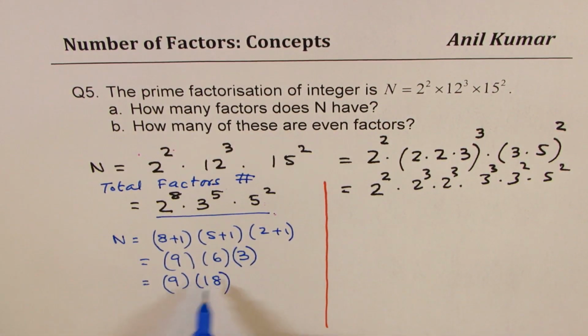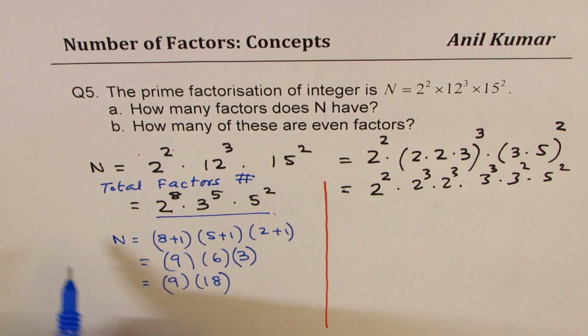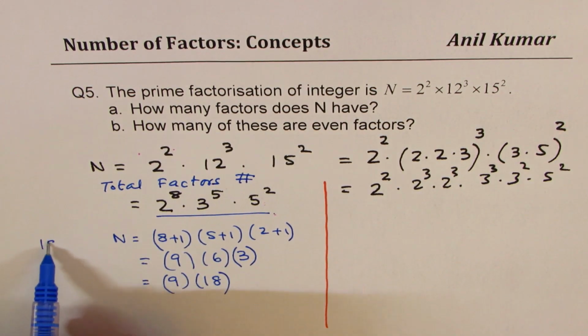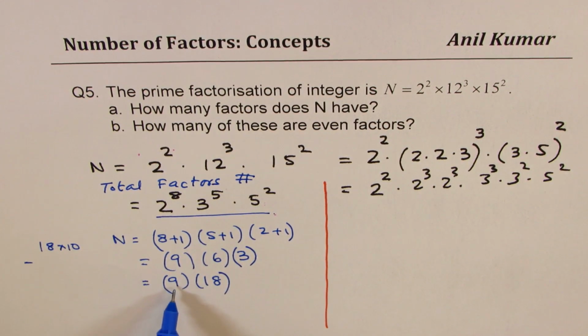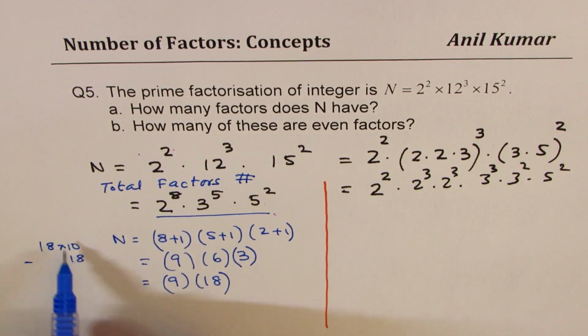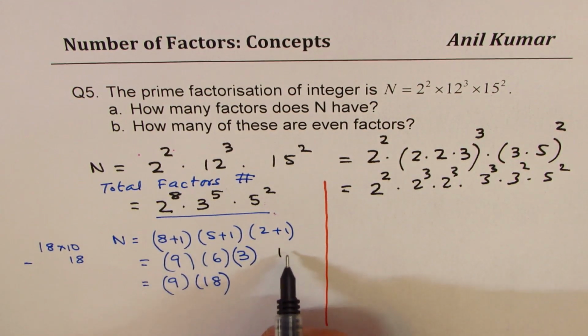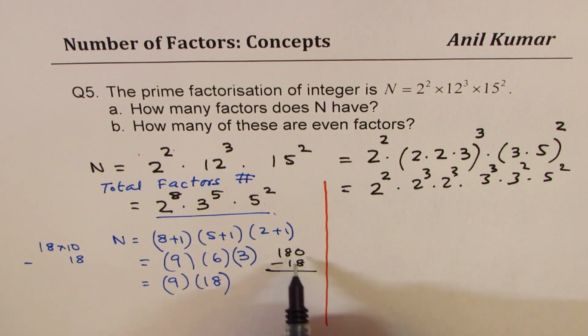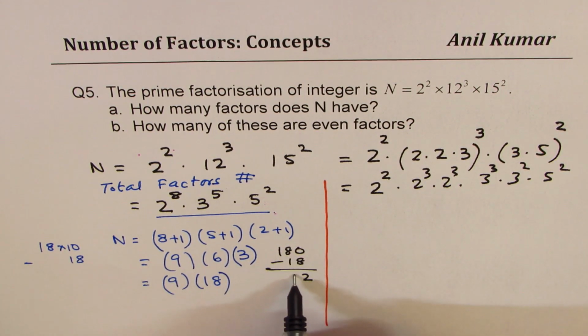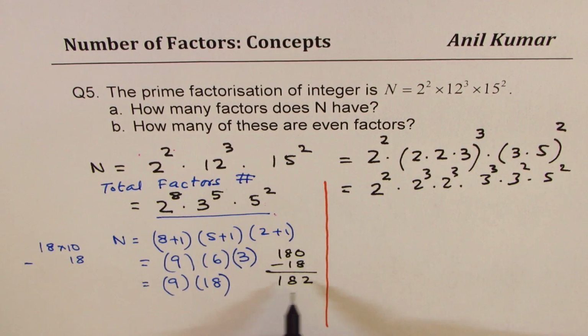Some of you could do it without a calculator. That means 180 minus 18, right? So what I do here is 18 times 10 and then take away 18 because it is 9, so we had one extra. So we can do 180 minus 18, which gives 162.